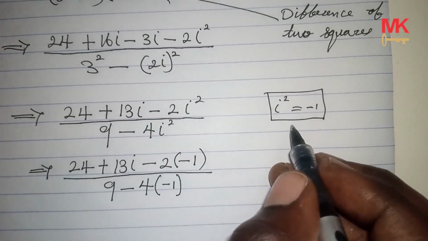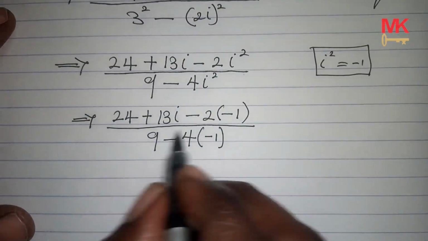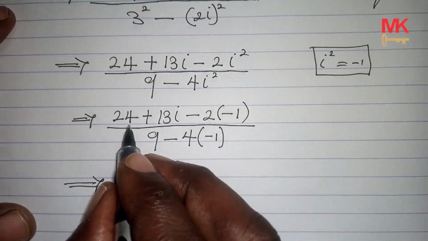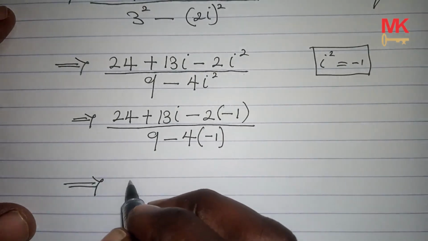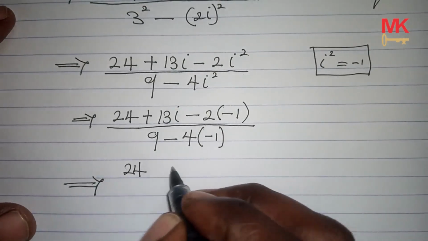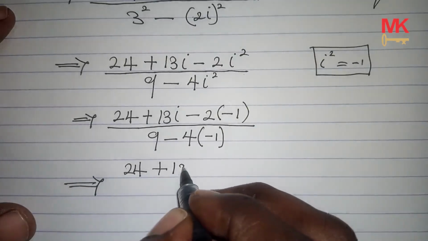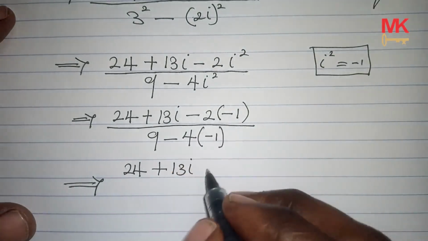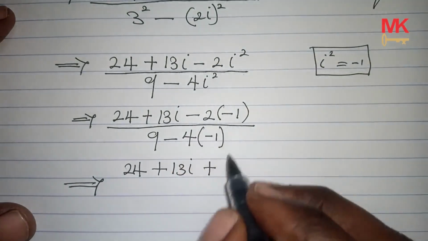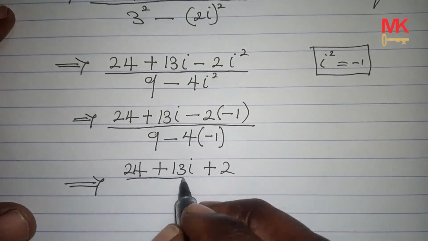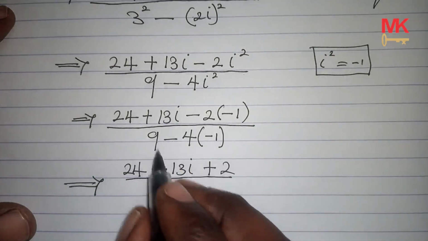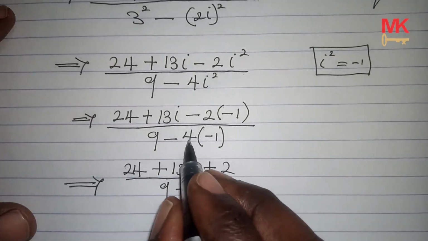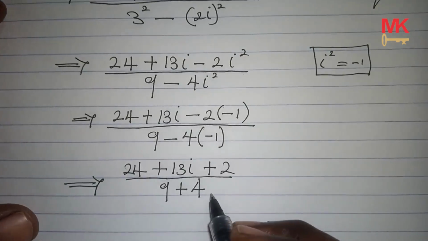Okay, at this point, we are going to evaluate this again. We still keep our 24, plus 13i, minus 2 times -1 gives us minus times minus is plus, 2 times 1 is 2. The bottom: keep our 9 again, minus times minus is plus, and 4 times 1 gives us 4.